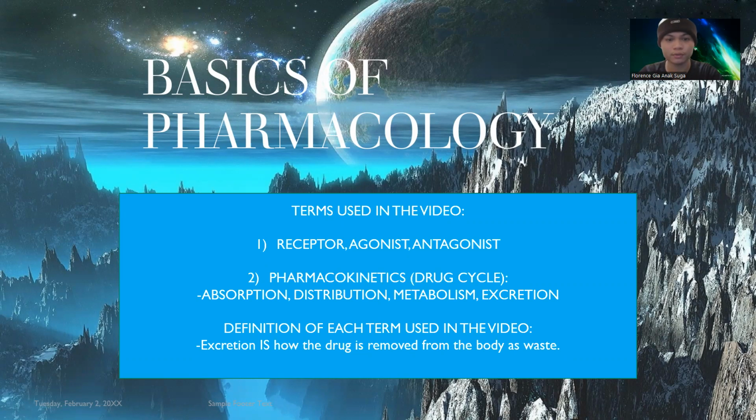Based on the video, the terms used are the receptors, especially the agonist and the antagonist, and the drug cycle, which is pharmacokinetics, which includes four of them: absorption, distribution, metabolism, and excretion. What is the definition of excretion? Based on the video, excretion is how the drug is removed from the body as waste.